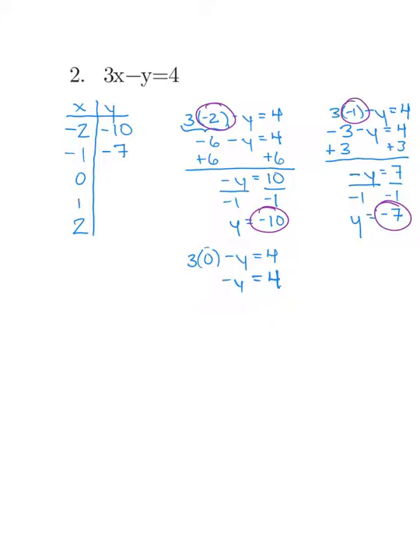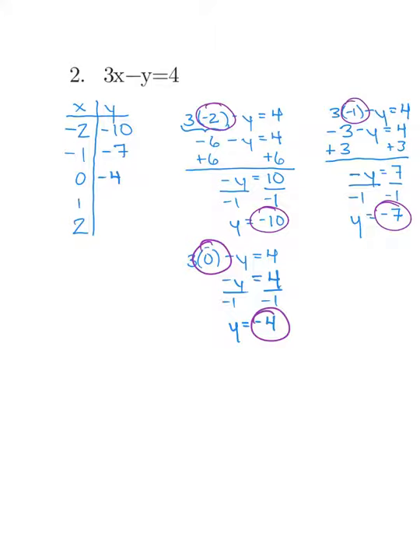So we are left with just minus y equals 4. And I want to divide by -1. So we get y equals -4. So I will report that in my table. Again, when x equals 0, y equals -4.